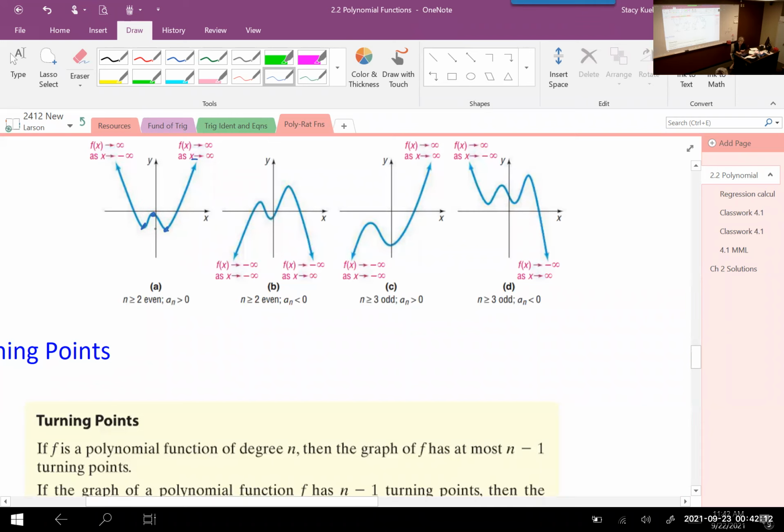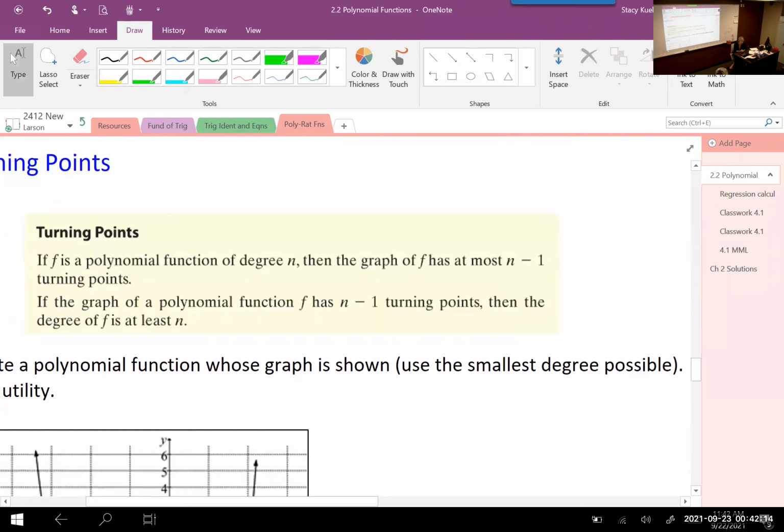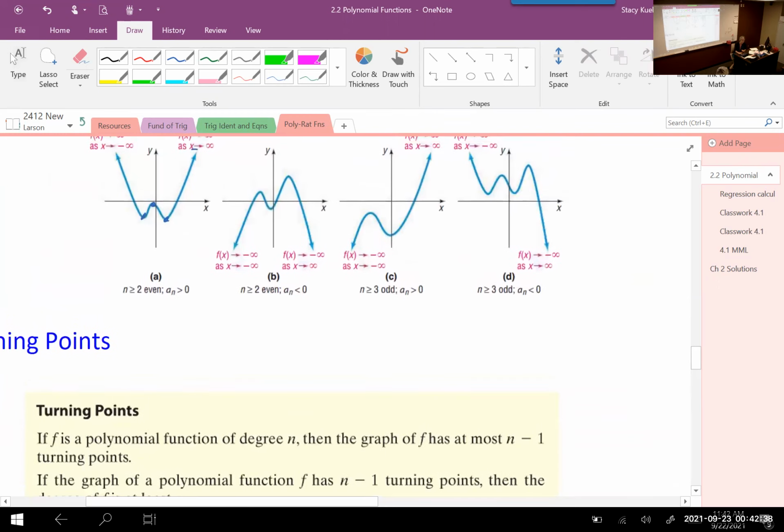We have this concept that says if we have a polynomial of degree n, then the graph has at most n minus 1 turning points. So it's not going to have any more than n minus 1 turning points. It can have less than that, but it won't have more than that. So how many turning points do I have here, that I'm circling in this function right there? 3.